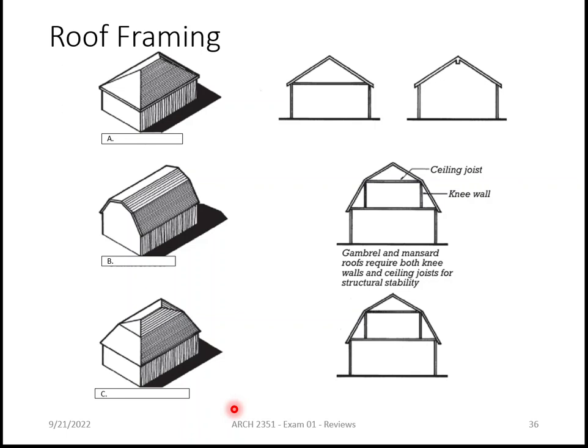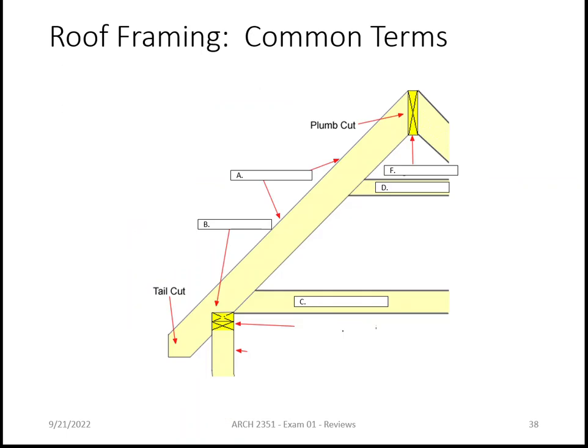This is a cross section through a roof, for roof framing. What's A? Rafter. What's B? It looks like it's pointing to the rafter again, because the other arrow down below it is the top plate.